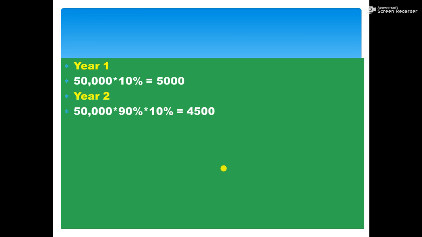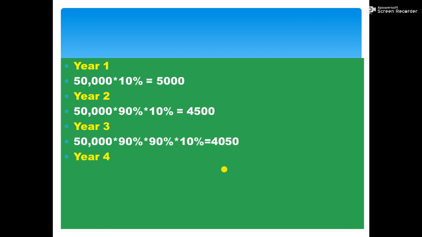And for third year depreciation, 50,000 into 90% into again 90% into 10%, you will get third year depreciation as 4,050. And fourth year depreciation, 50,000 into 3 times 90% into 10%, that is 3,645.